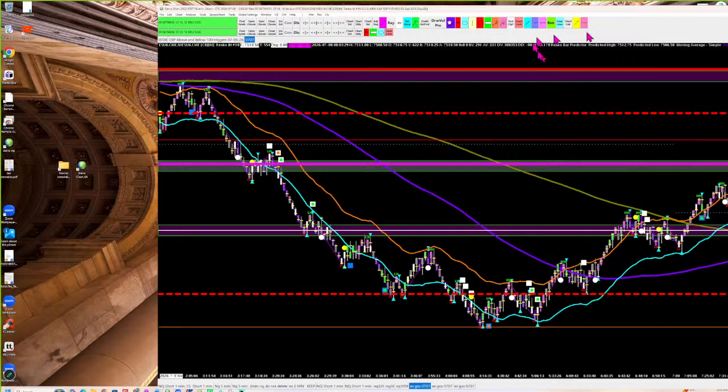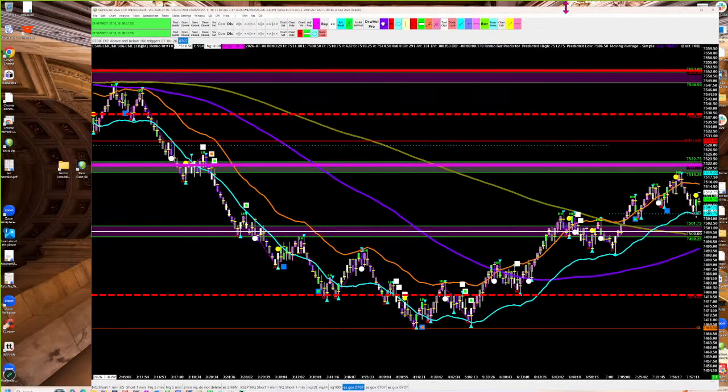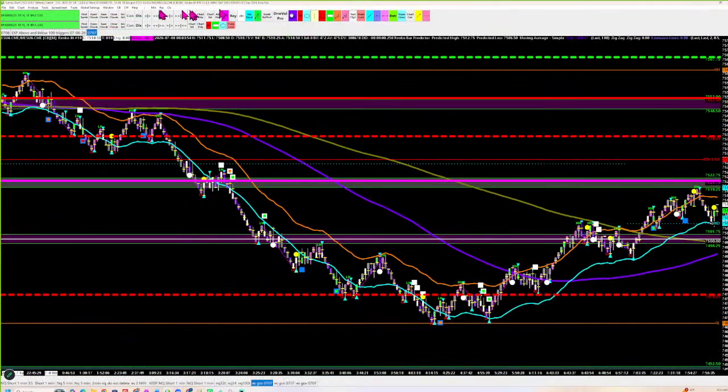And so if you will look, it's going to load every freaking chart. Hold on a second. See if I can fix it now. There we go.